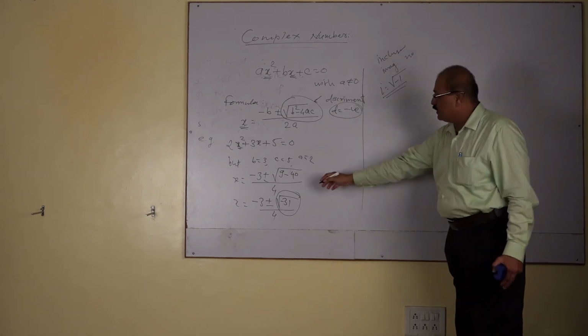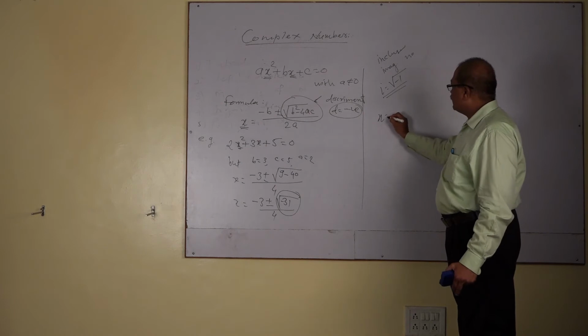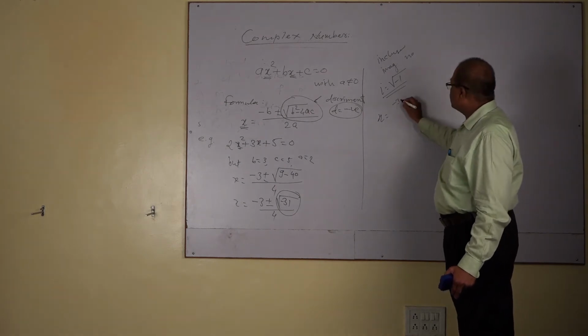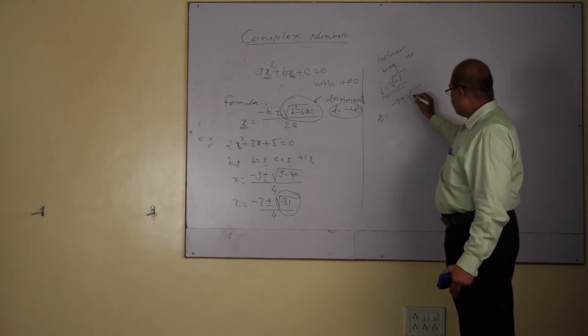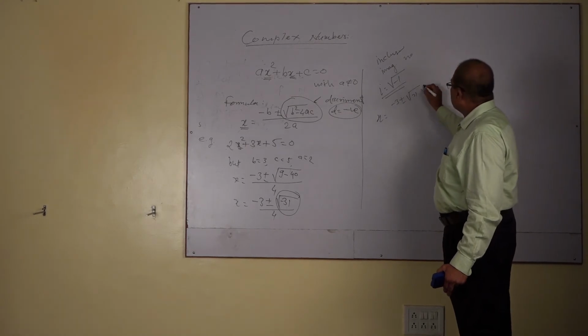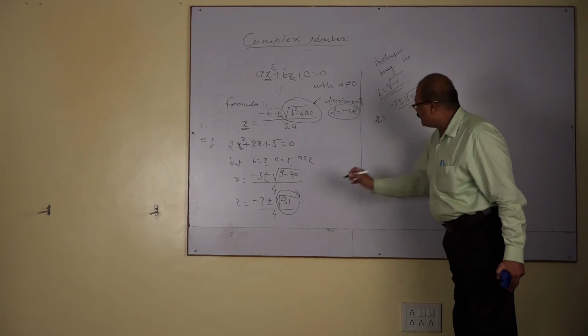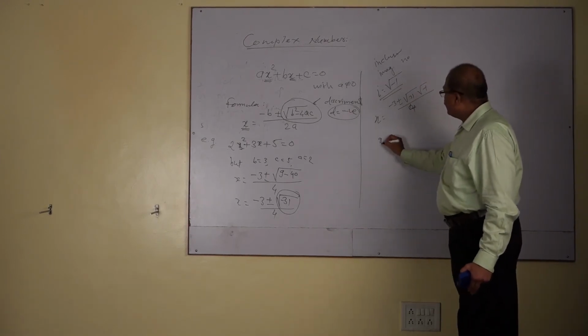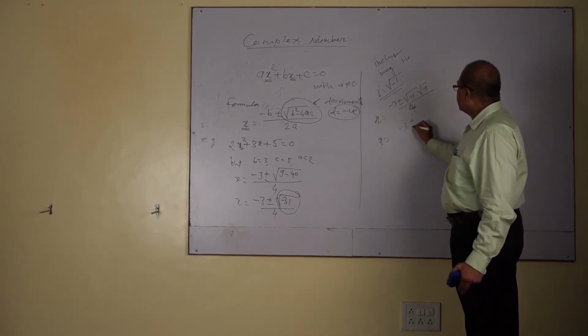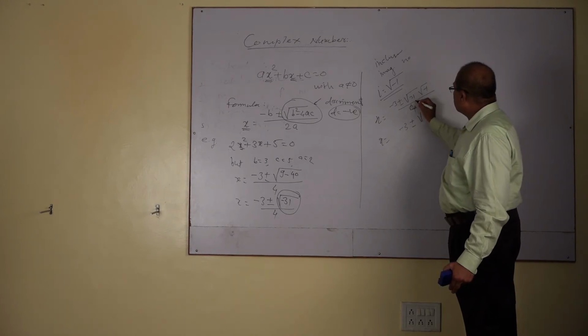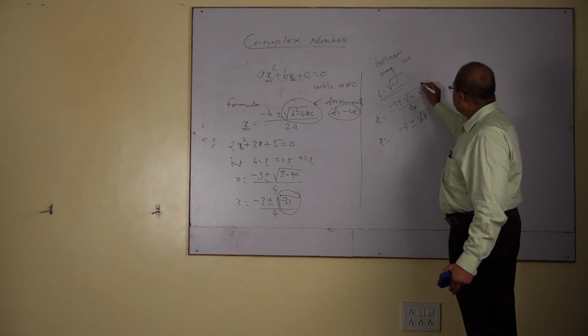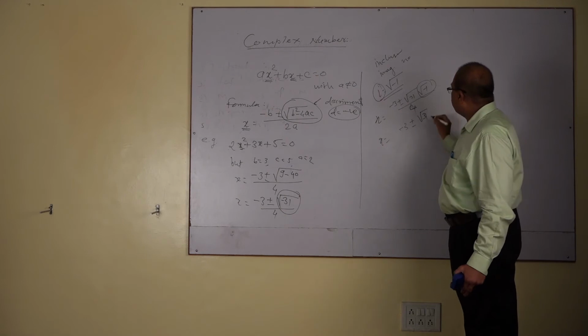We put this value in this equation. So the equation becomes x equal to minus 3 plus minus the square root of 31 into root minus 1, divided by 4. And therefore x equal to minus 3 plus minus root 31 times the imaginary number i, divided by 4.